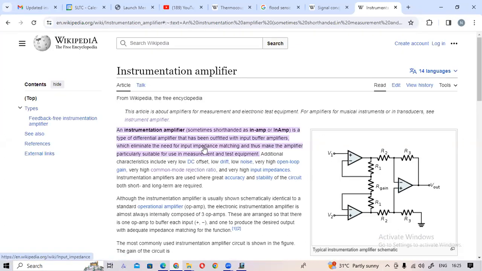So actually instrumentation amplifier means amplifier. Okay. So it said that I don't know what this is.